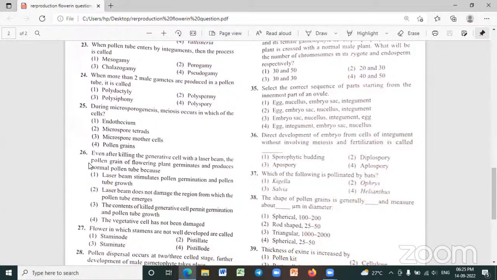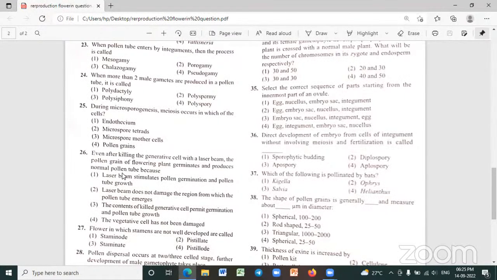And 26: even after killing the generative cells with a laser beam, suppose it is an artificial one, the pollen grains of flowering plants germinate and produce a normal pollen tube because laser beams stimulate pollen germination and pollen tube growth.